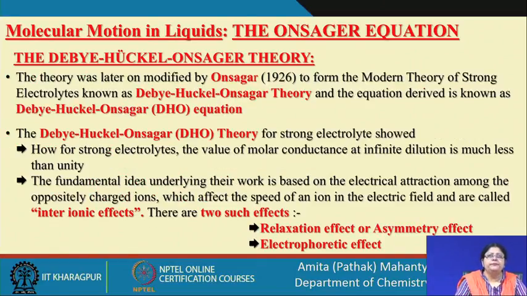So, we have the theory which was modified by Onsager in 1926, and that was the basis of the modern theory of strong electrolytes, known as the Debye-Huckel-Onsager theory.